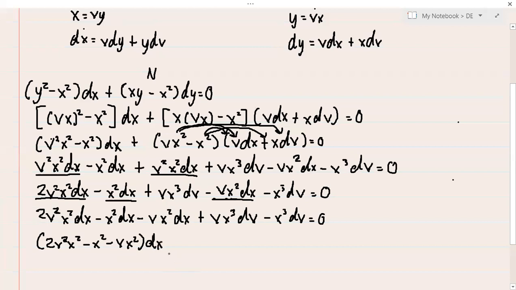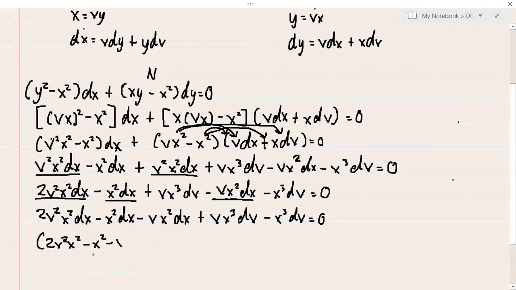Or, pwede pa natin siyang i-simplify actually. Ang ibig kong sabihin, pwede pa natin i-simplify itong naka-parenthesis. Kasi we have x squared on three terms, yun yung greatest common factor nila, si x squared. So we can factor out x squared in that parenthesis.